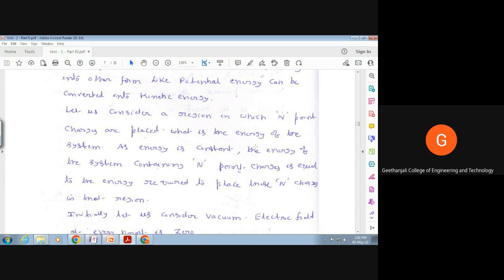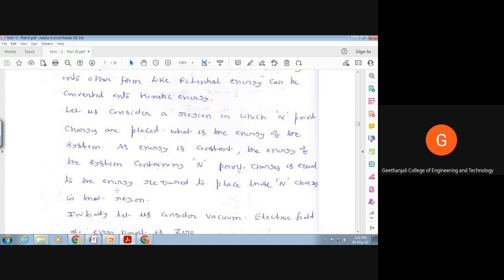Like for example, in the case of a ceiling fan, electrical energy is converted into mechanical energy. So it is always possible to transform one form of energy into another form. But as such, energy can neither be created nor destroyed.